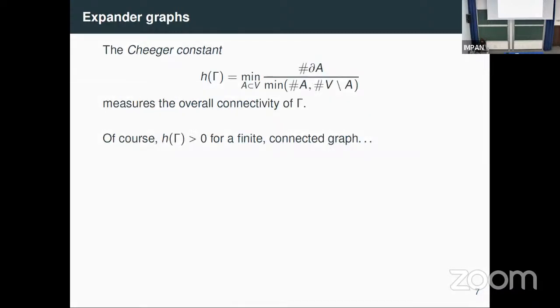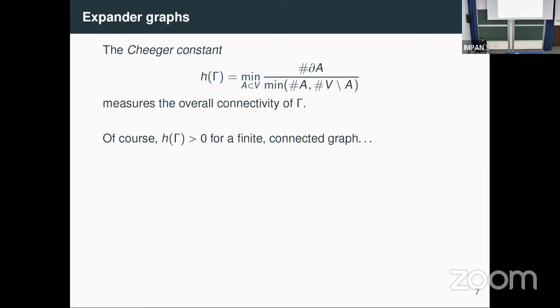there's a notion of the Cheeger constant, which is motivated by a similar notion coming from manifolds, and this is a constant which measures, so you minimize the ratio of the size of the boundary relative to the size of the set.